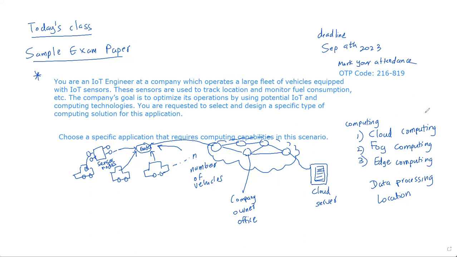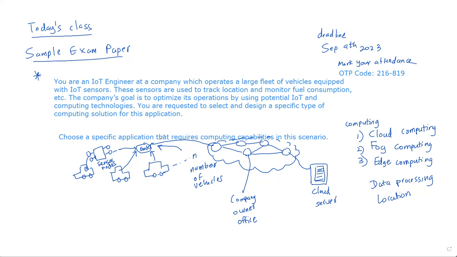Okay, so in cloud computing, the computing is done at a cloud server, which could be somewhere far away or remotely located from the edge point of the IoT network. And the fog computing is happening somewhere in between the cloud server and the edge server. Okay, so then the edge computing is happening at the edge of the network.